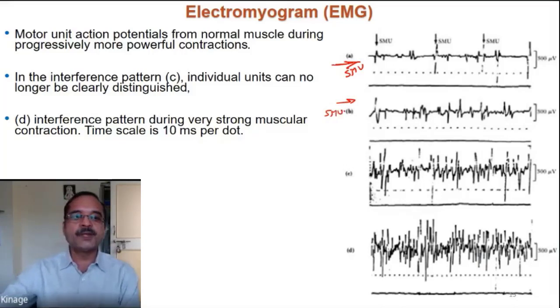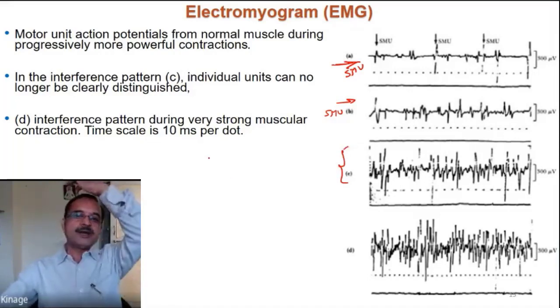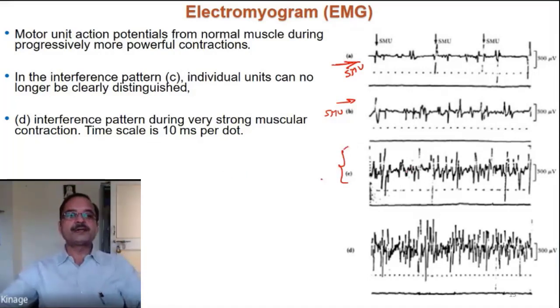And as I said, if you are using a surface electrode, then it will give you the superposition of all these signals. Okay, so that's why what you see here is the addition of all the signals, and it looks like some random signal. Okay, so that is C. It is showing the individual units can no longer be distinguished.